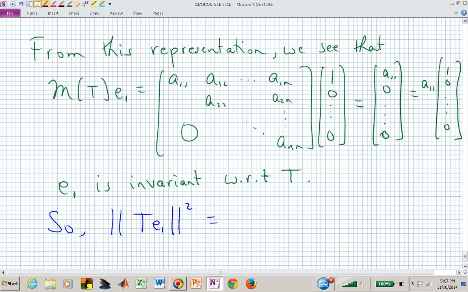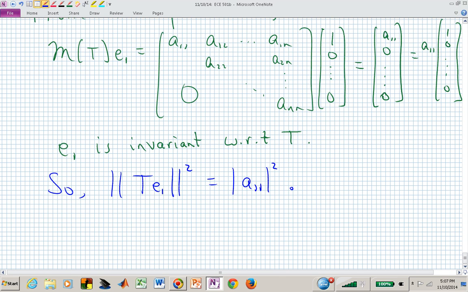What's the norm squared of that column vector? The norm of A11 squared. We just have one scalar scaling this vector, and so the only non-zero entry in there is that element. So this is now A11 squared. That's the norm of TE1 squared.